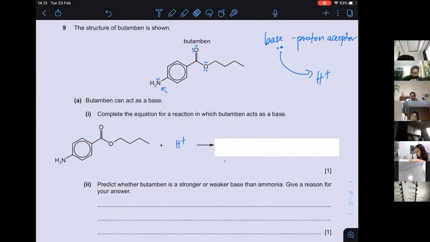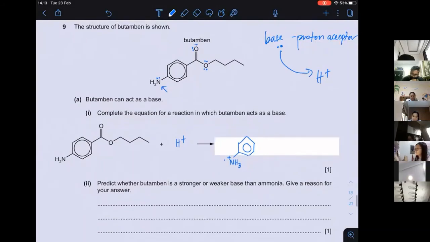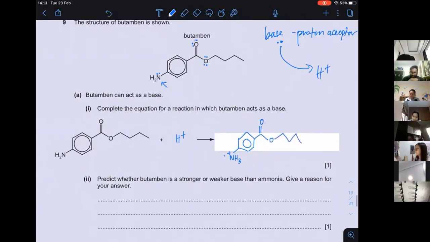NH2 will now become NH3 plus, because H plus came in. And then if I draw the same way, I have O like this. This is going to be the equation.